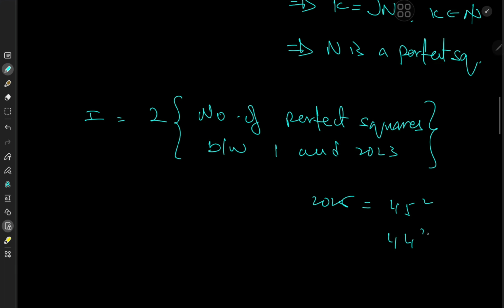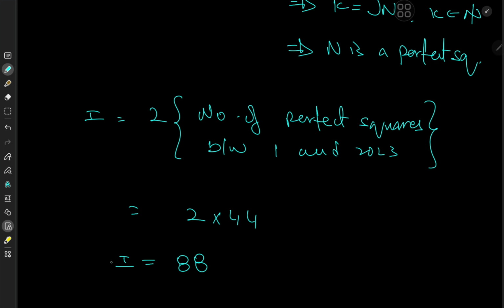And my trusted calculator told me that 44 squared is actually equal to 1936. So it can't be 45. There can't be 45 squares between 1 and 2023, because 45 squared is 2025. So that means we have 44 perfect squares. So the result is 2 times 44, and hence I here converges to 88.